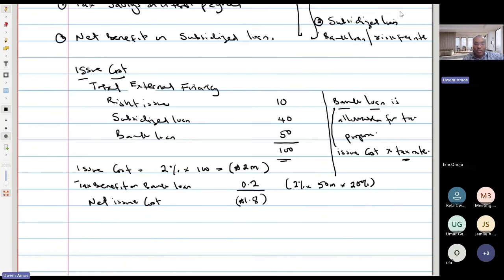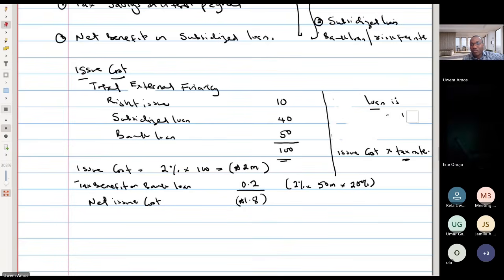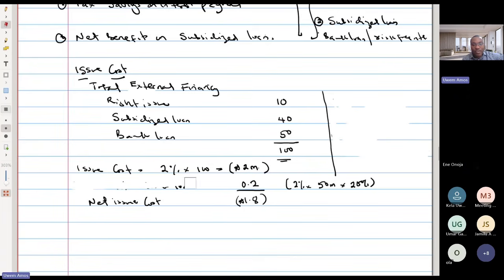Issue cost is not tax allowable. I'm just using that to illustrate to you how to treat that scenario.